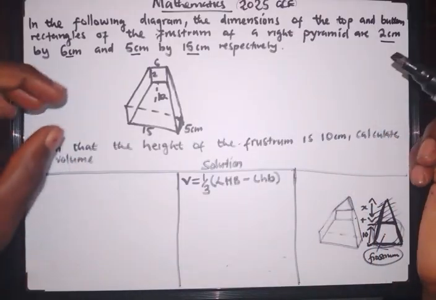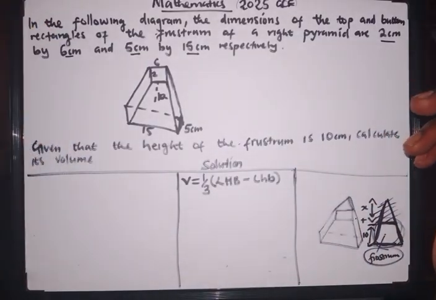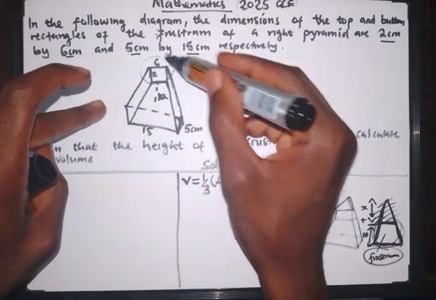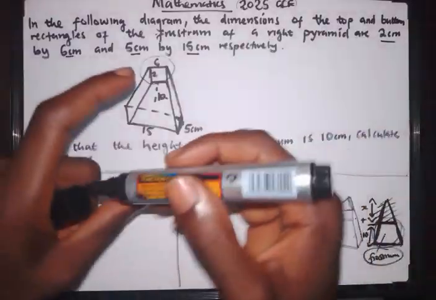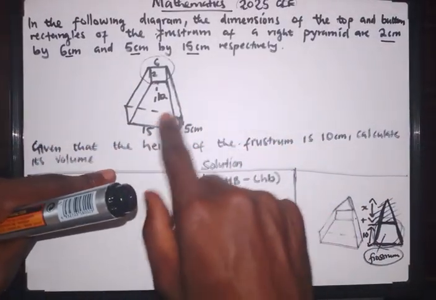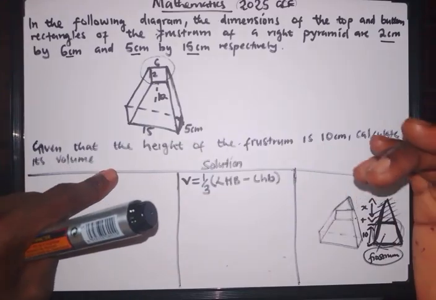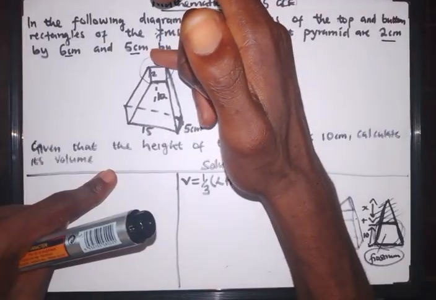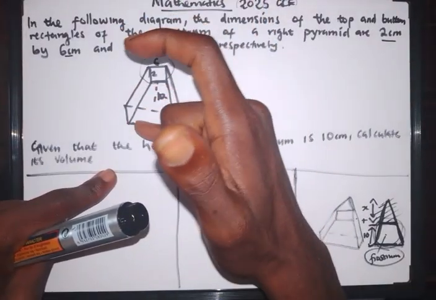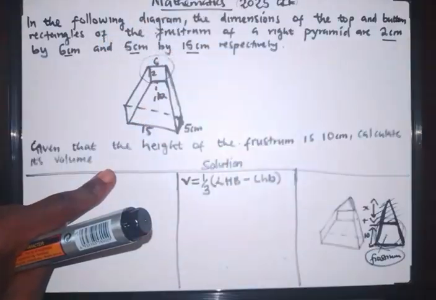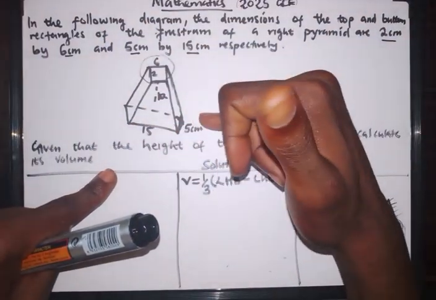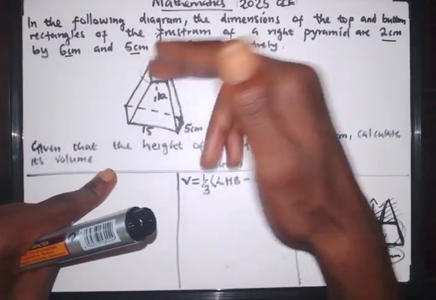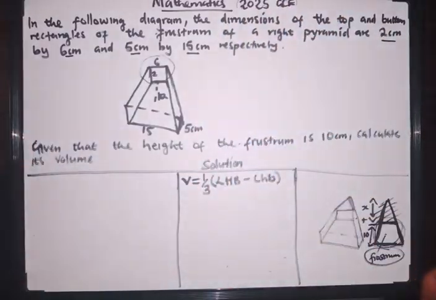If we get back to the diagram, we have two rectangles. One is 2 by 6, which is this one. Then the other one is 15 by 5, which is this one. So the way we compare is, when you get the length of the smaller rectangle, you compare it with the length of the bigger rectangle. If you pick the breadth of the bigger rectangle, you have to compare it with the breadth of the smaller rectangle.